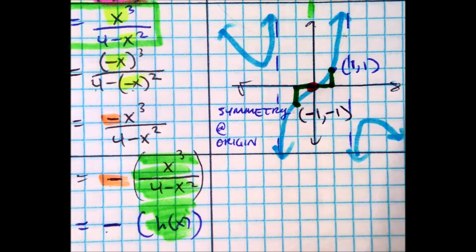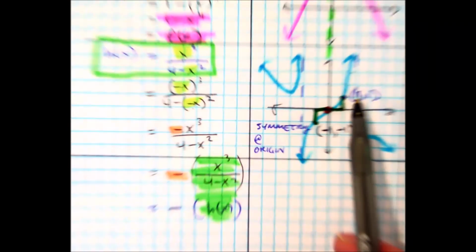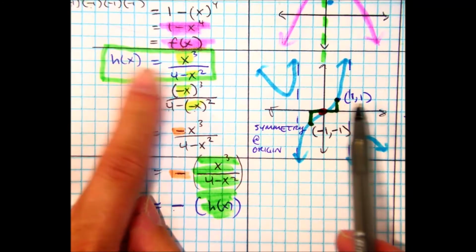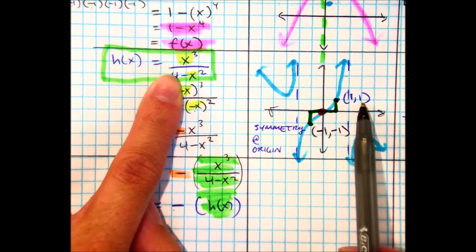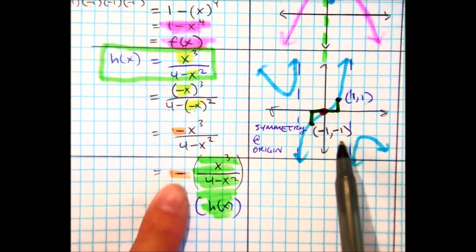What does that mean? If I put in a positive x value over here in the original function, I will get that same value back, a positive. We put in a negative x, and we get a negative as our answer.